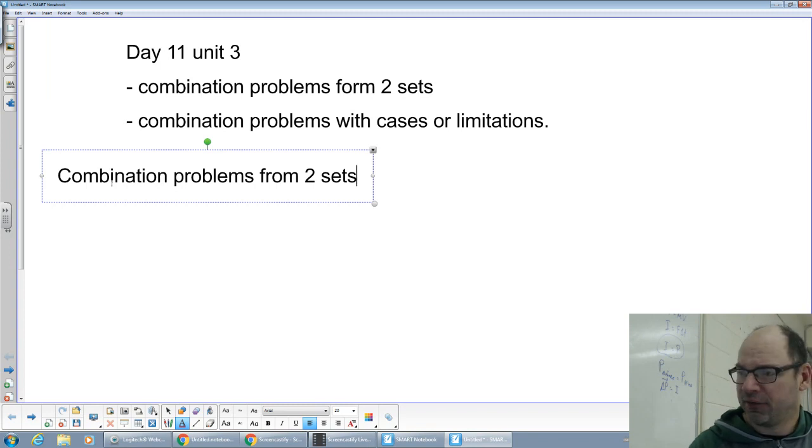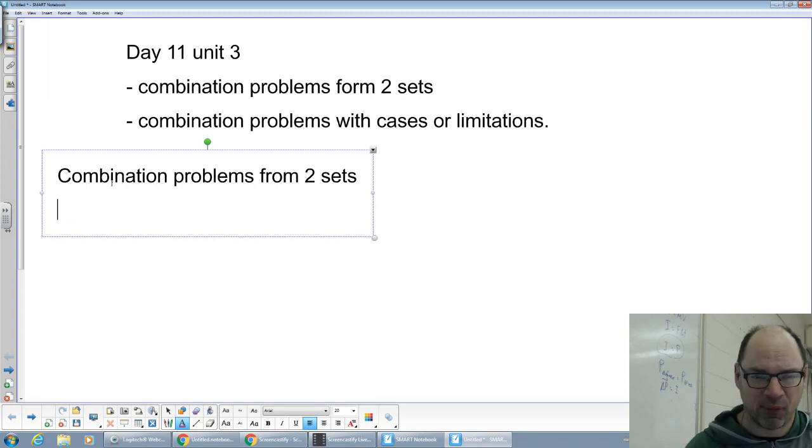Okay, so let's start off with an example. That's probably the best way to get us started. So let's say that we're playing a mixed team of some sport. Let's go with volleyball since I did a lot of coaching on that.